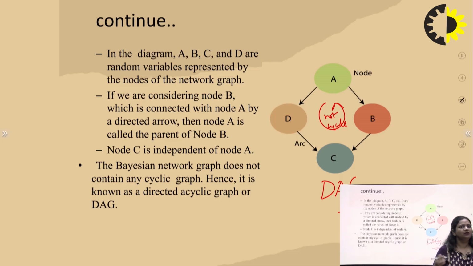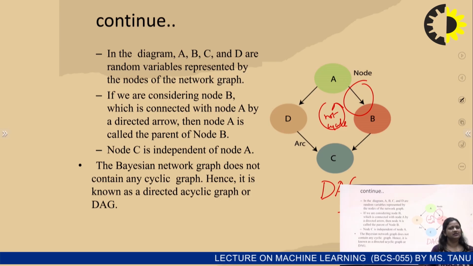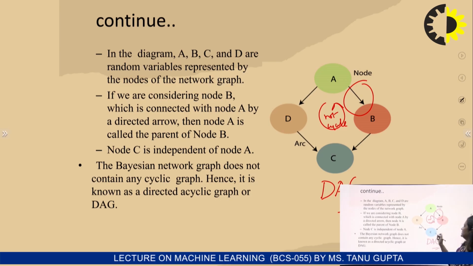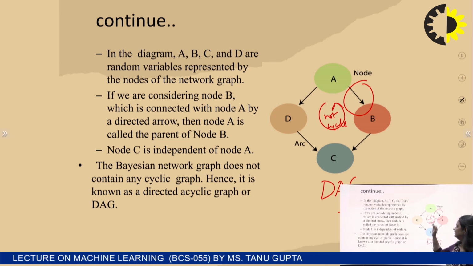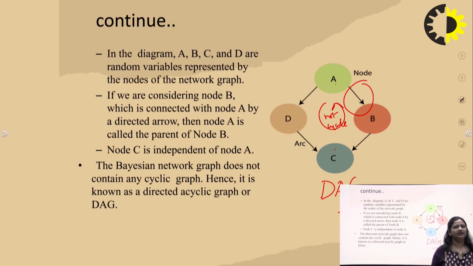If node B is connected to node A by a directed arrow like this, then node A is called the parent of node B. Obviously, if A is connected to B by this directed arrow, we understand that A is the parent node of B. Node C is independent of node A because there is no directed arc or edge between the variables A and C. So A and C are independent of each other.